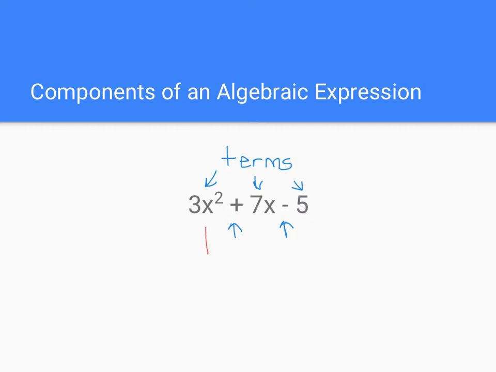Remember that the x values are your variables. Because this 5 at the end will always be a 5, regardless of what our value of x is, we call it a constant.